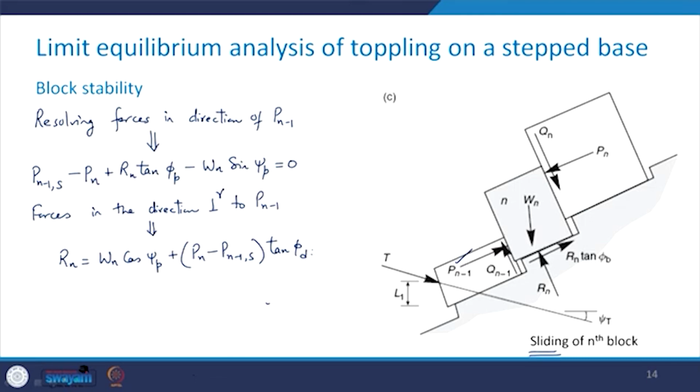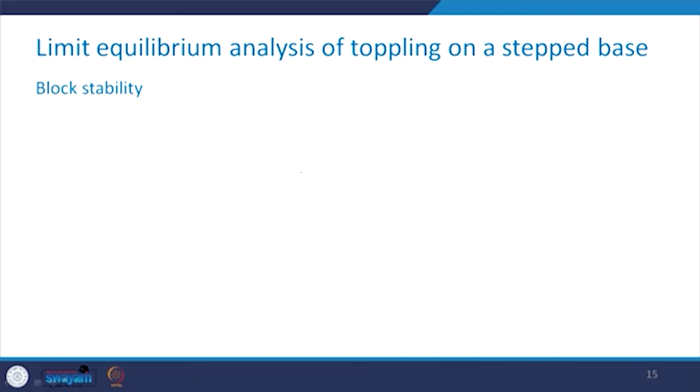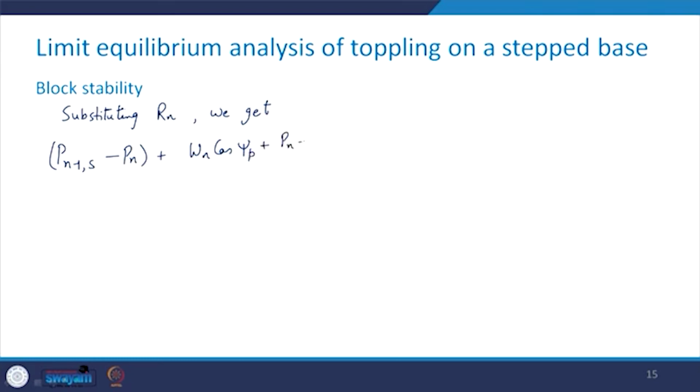Now, if we substitute this expression of Rn in this equation, what we get is Pn minus 1 comma s minus Pn plus Wn cos of psi p plus Pn minus 1 comma s into tan of phi d, into tan of phi p, minus Wn sine of psi p, and this is equal to 0.